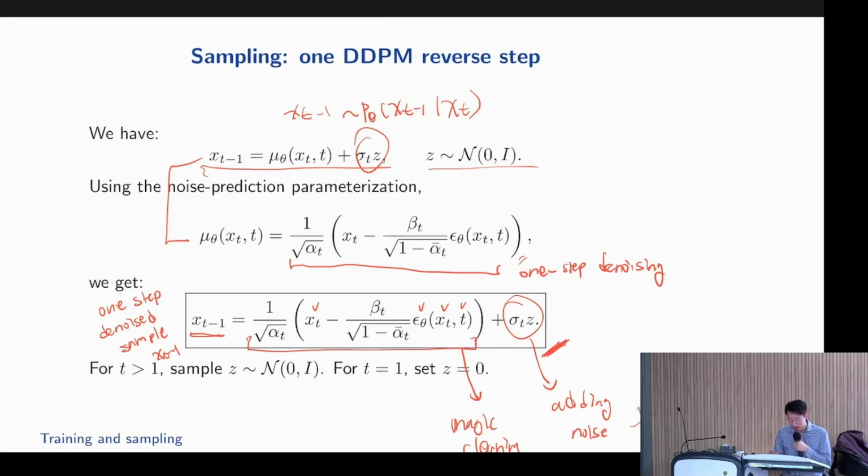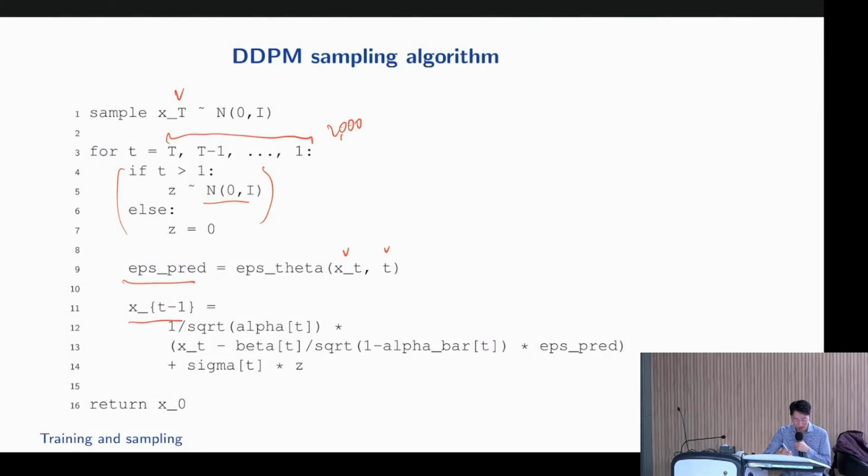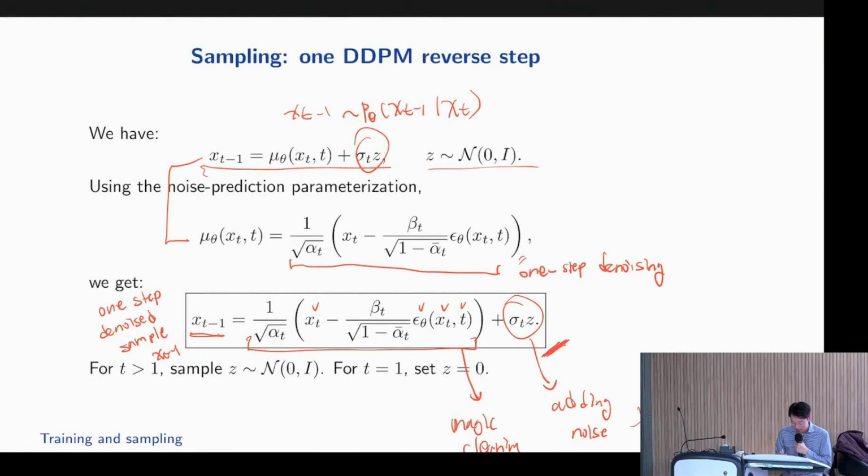You don't want to do this at the very last iteration, because you want as clean an image as possible. So this line here is just to prevent that. If t is 0, you don't want to add the noise. You just want the magic part. For all the other t's, we follow the equation as is, verbatim. But at the very last iteration, we're not going to inject the noise, because this would make the image look less clean.